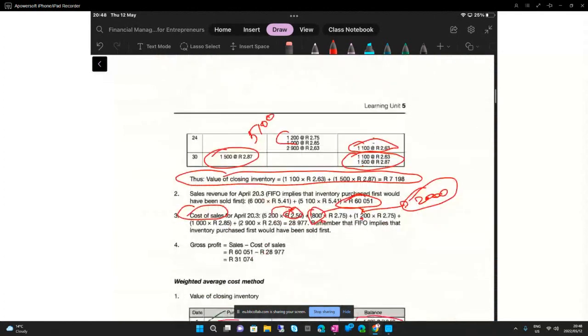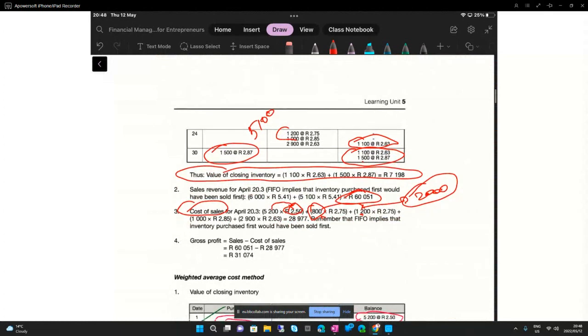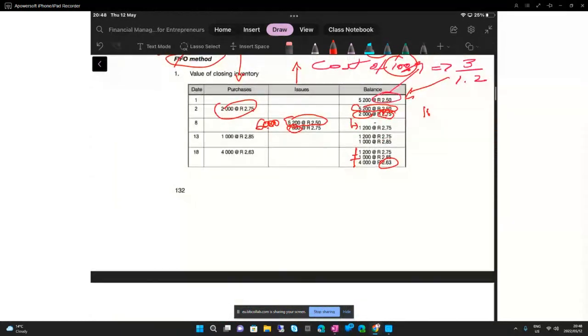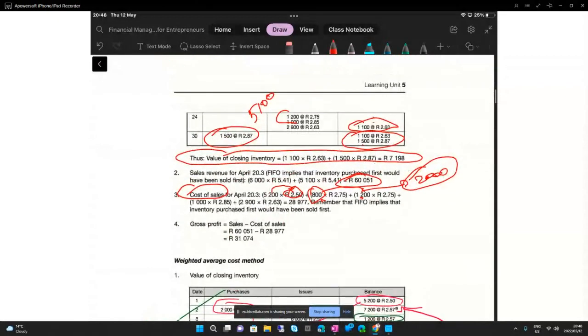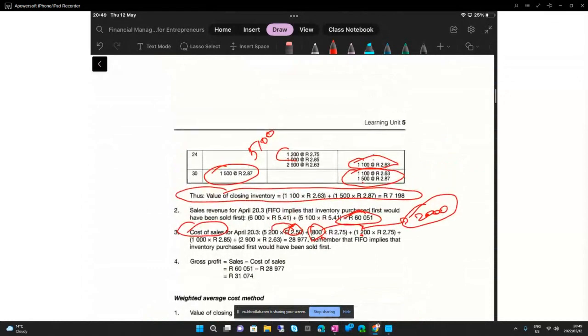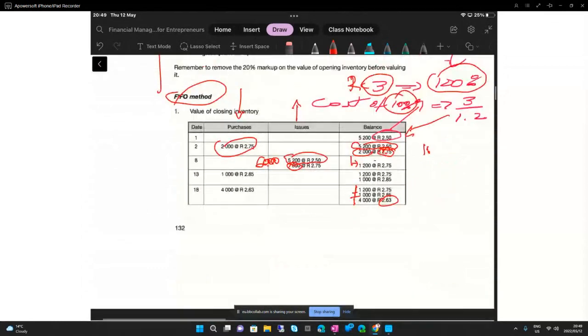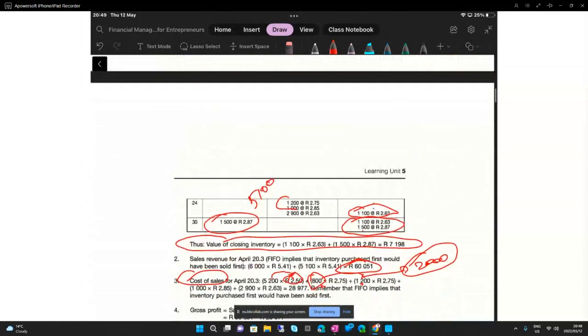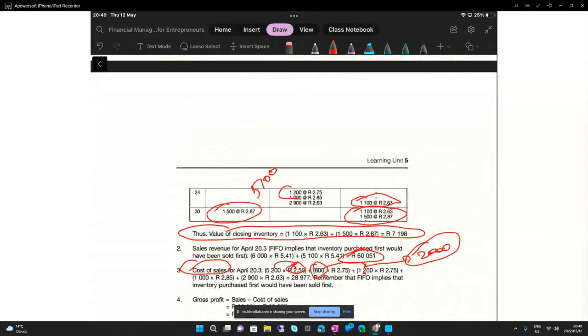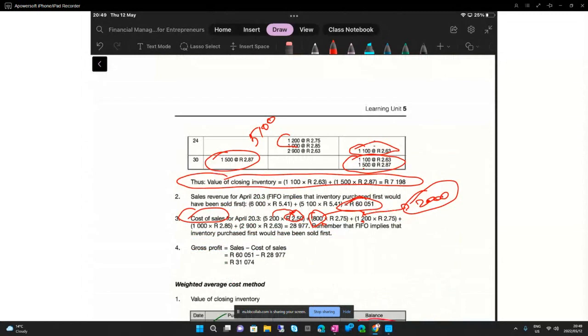So we have the 5,200 plus the 2,000 plus 1,000 and plus the 4,000, but the 4,000, let me see if it's also being split.